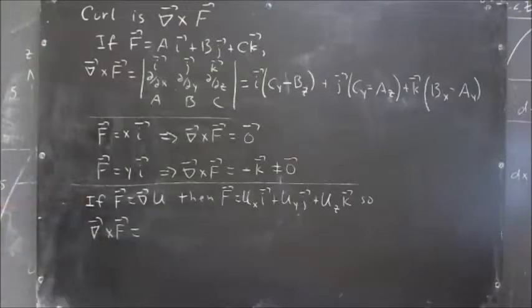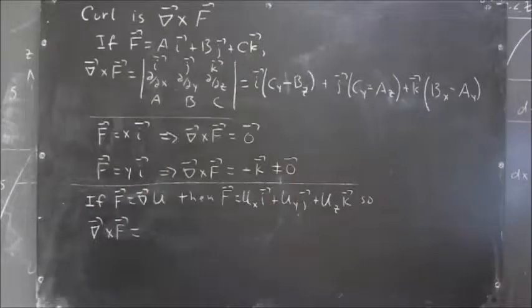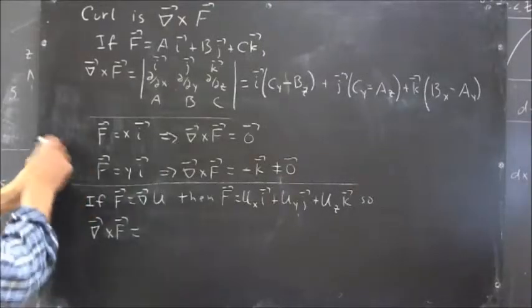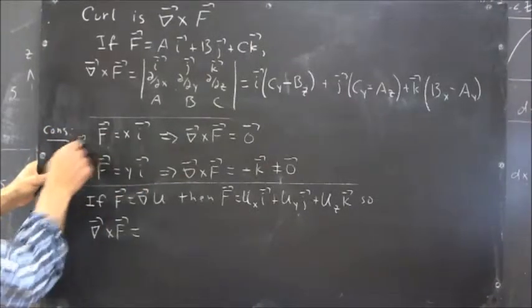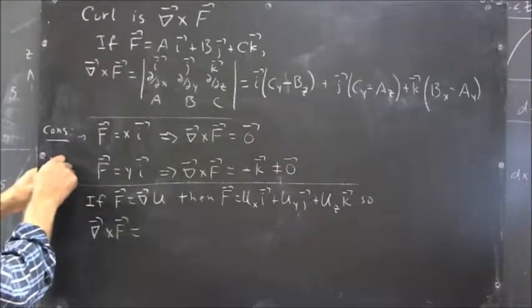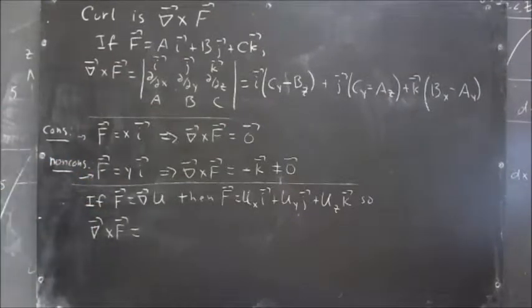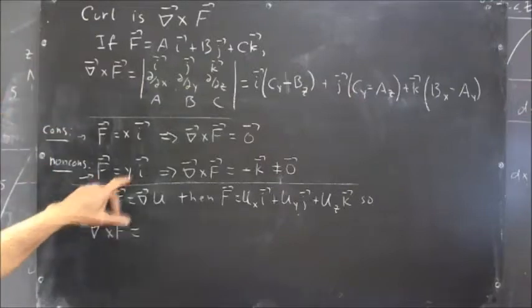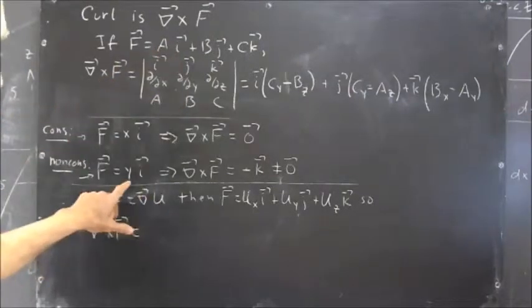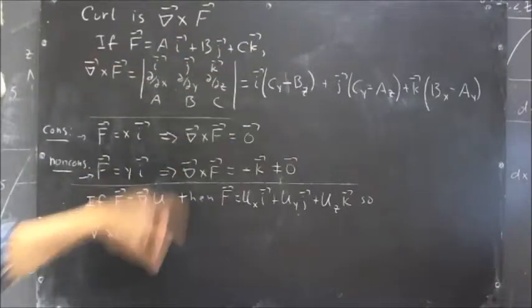Now, F equals yi. Here's a conservative function. Here's a non-conservative function. F equals yi. What do we get? Well, now the A function is equal to y. The B and C functions are still equal to zero because we have no j or k component.